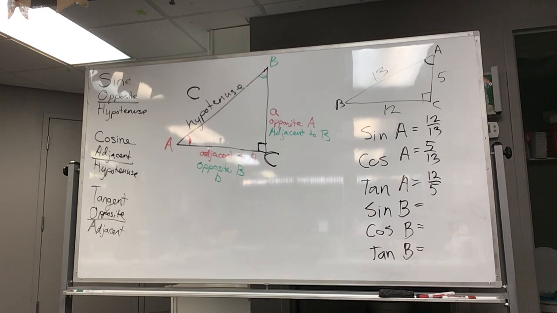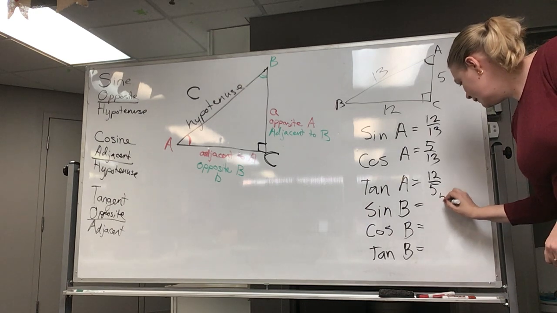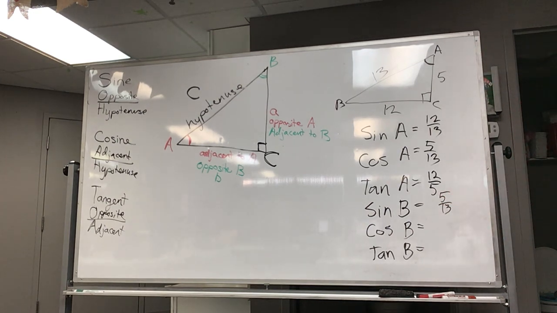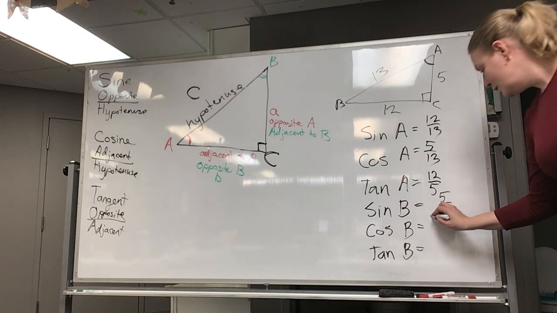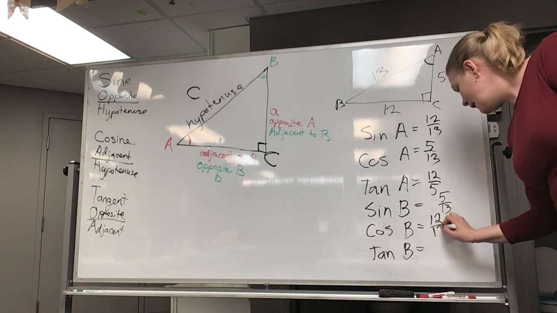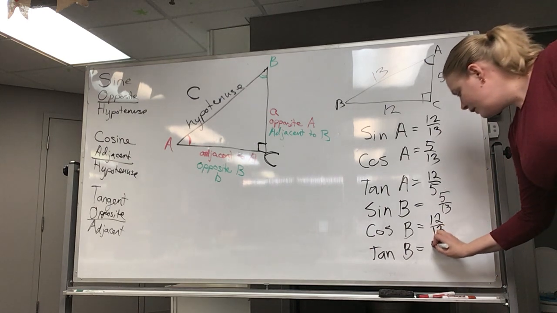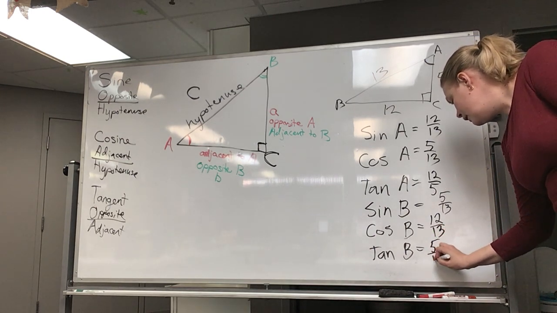Taking answers. What's the sine of B? 5 over 13. What's the cosine of B? 12 over 13. Yep. And the tangent of B, just the flip, 5 over 12.